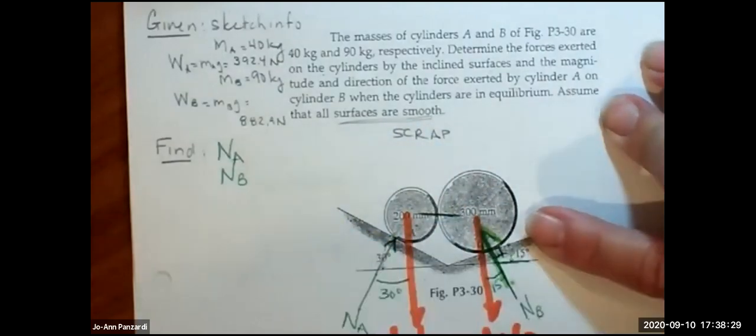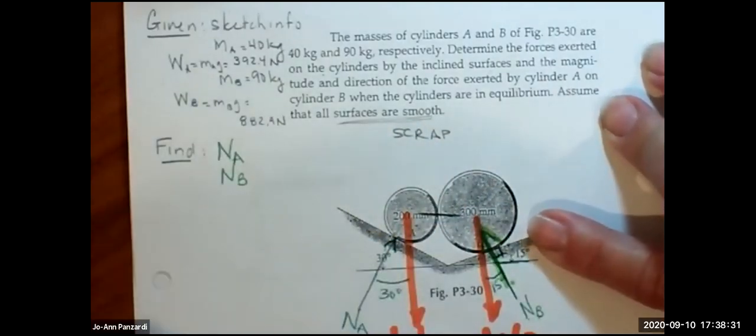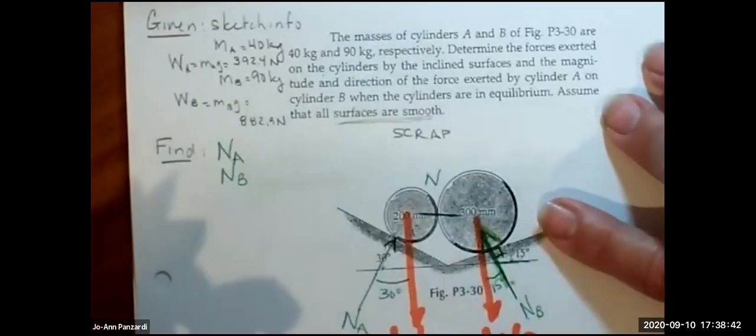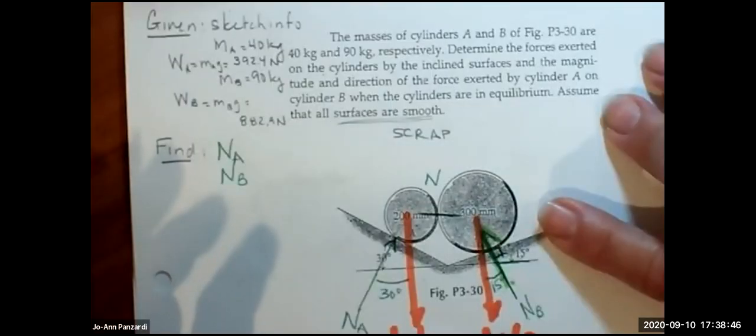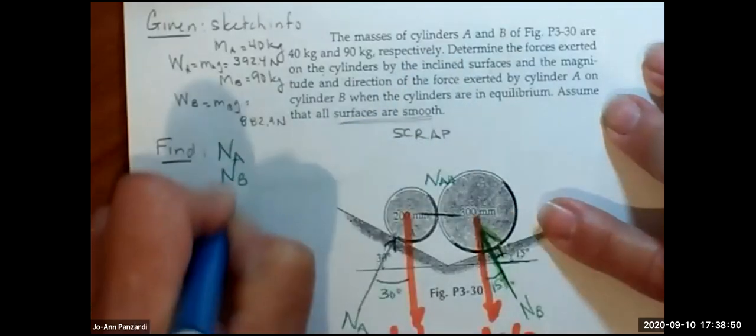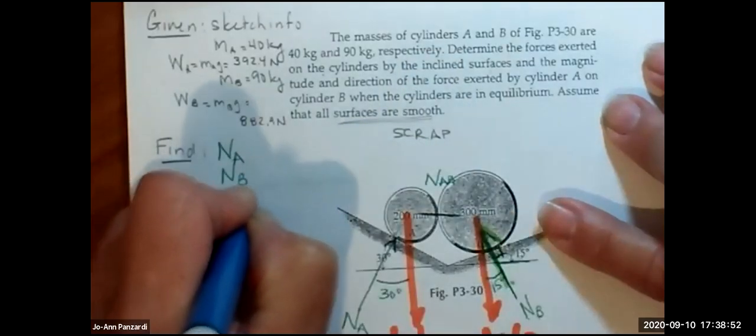What variable do you want to give it? Normal C, A on B. Okay, so let's not introduce C, but we could call it normal AB, so you know it's between A and B. Let's call it normal AB. So we also have to find normal AB.